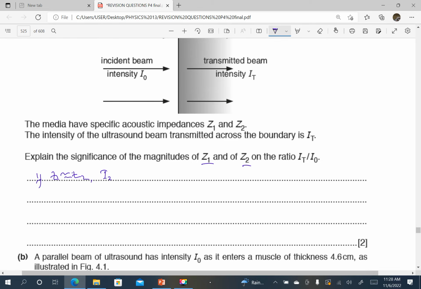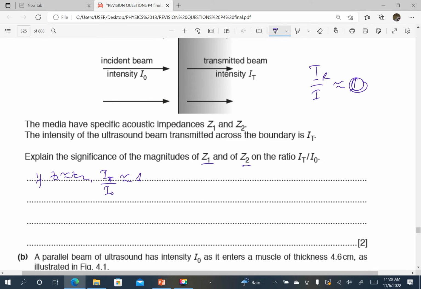Intensity reflected over the incident intensity is approximately 0, and the intensity transmitted over incident intensity is approximately 1.